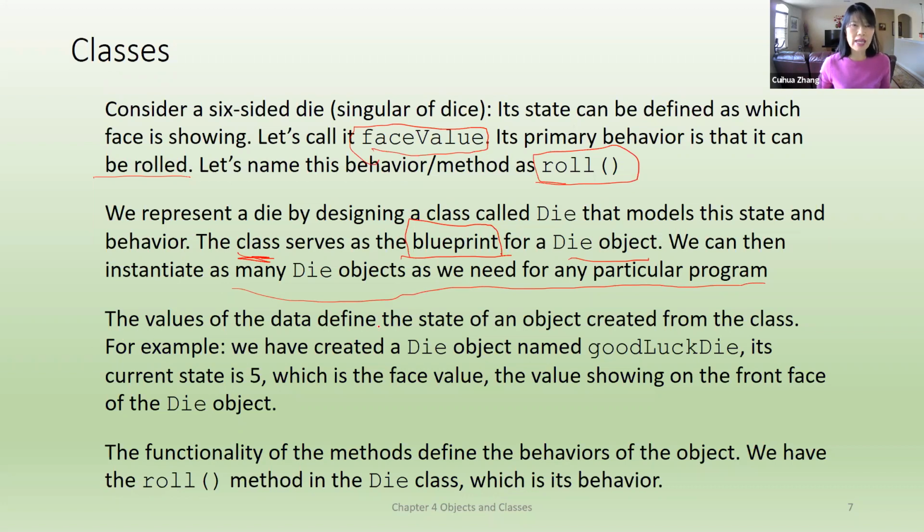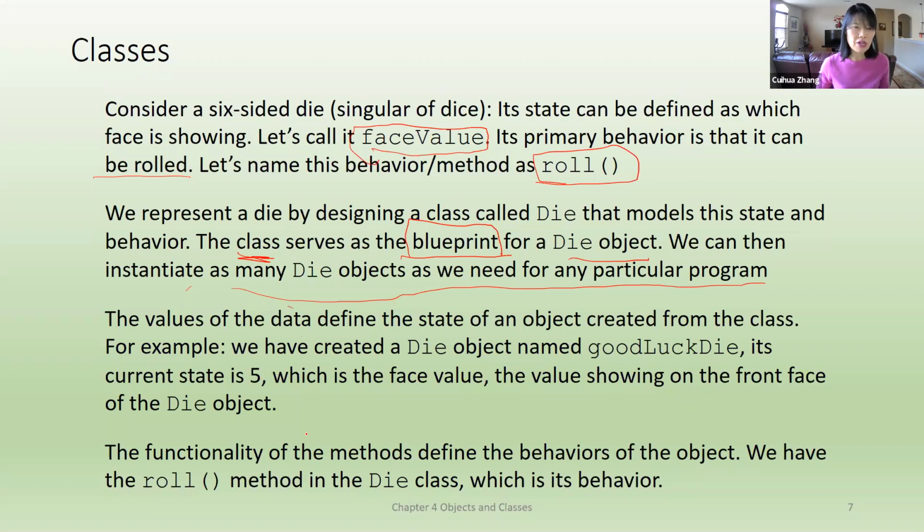The values of the data define the state of an object created from that class. We already discussed that. We have created a die object named good luck die. Its current state is 5, which is the face value. If you roll it again, the current state might be 6. If you roll it again, it might be 1. That is the current state, the actual value of those characteristics.